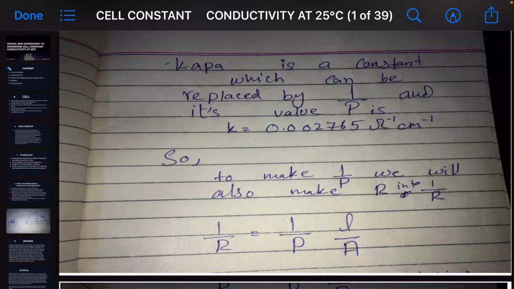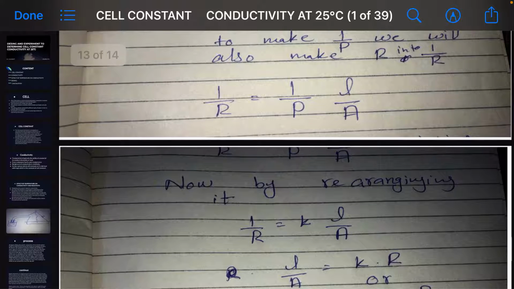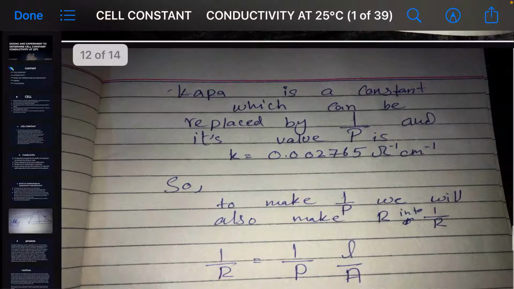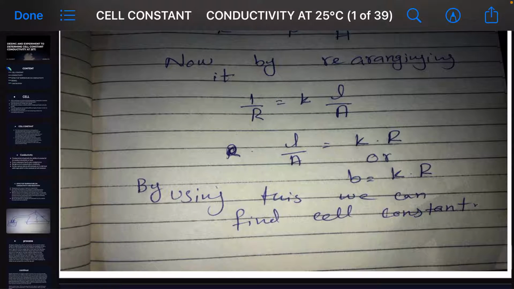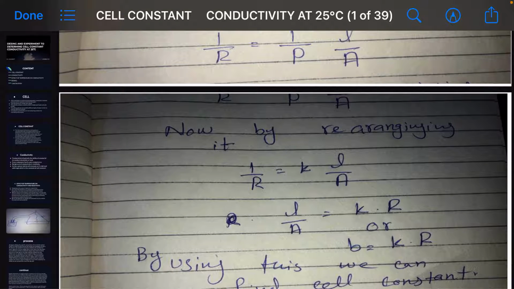To make 1 over rho, we also have to make R into 1 over R. So 1 over R is equal to 1 over rho times L over A. Now we will replace 1 over rho with kappa.